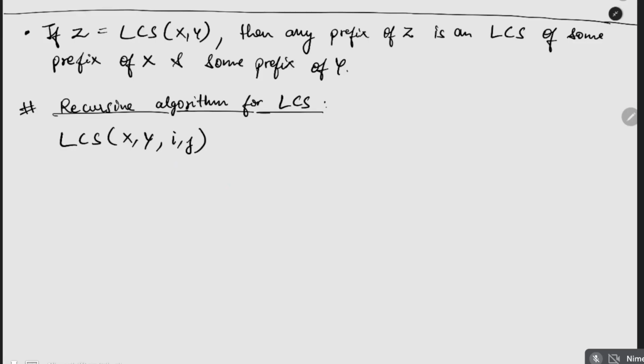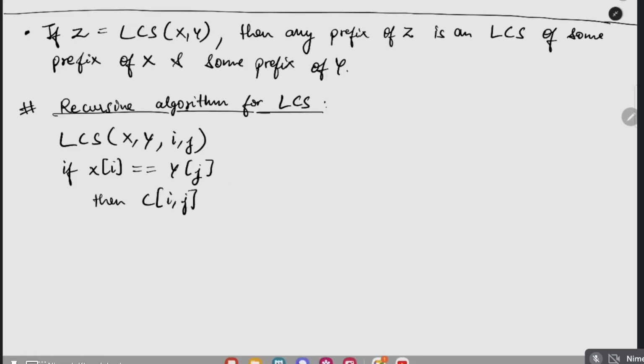And how we go about it is, if x of i is equal to y of j, then we increase the count of the longest common subsequence.